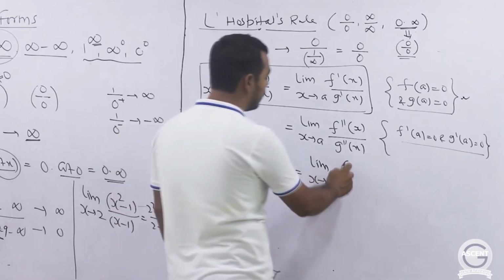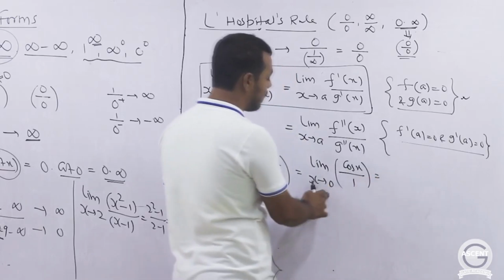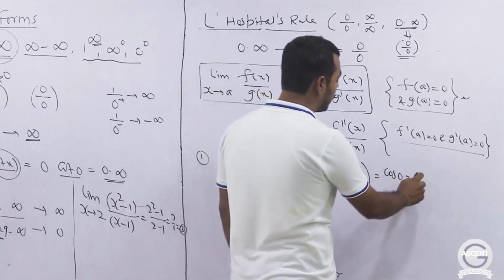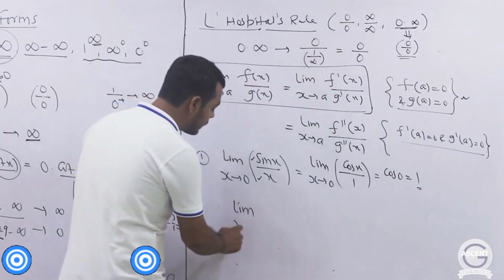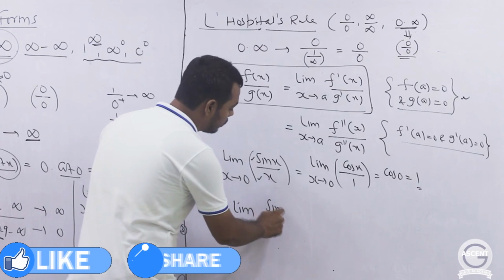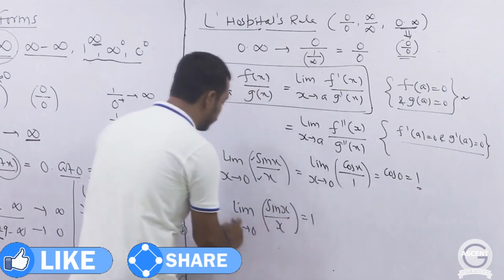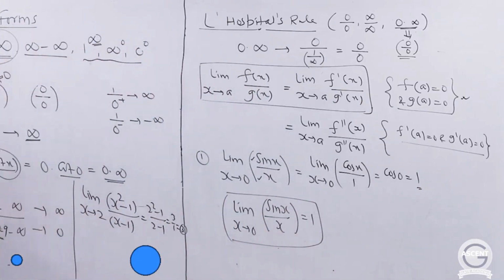Derivative of sin will be cos, derivative of x will be 1. Now if I place x equals to 0, then we are not getting any indeterminate form, cos 0 is 1. So this is a very important result, limit x tending to 0 sin x by x is always 1. This is the first result.